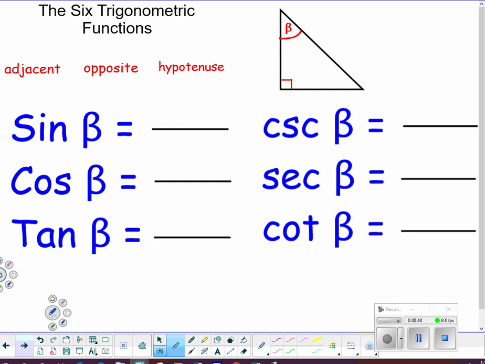Now, looking at the triangle that we have here, we are working with angle beta. This is the Greek symbol beta, and you can see indicated on our triangle where beta is positioned. So let's talk about the sides of the triangle and what their position would be. When I'm at angle beta and I go across from it, the side across from it is called the opposite side.